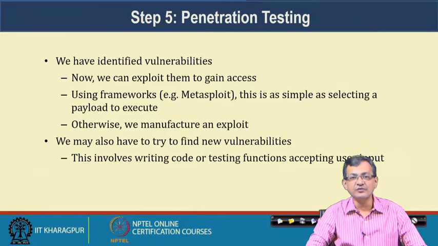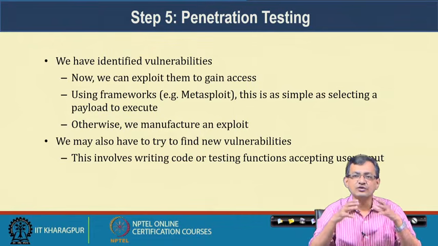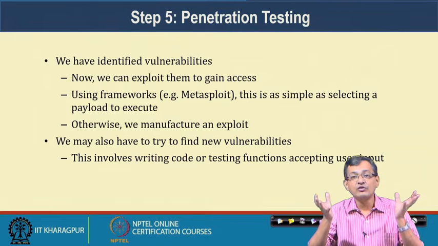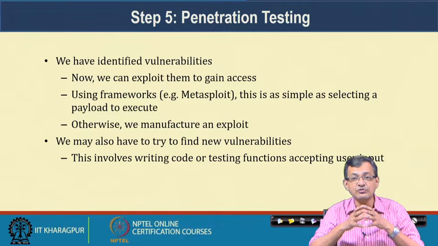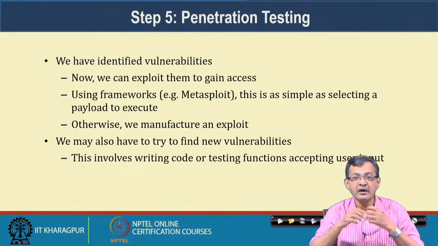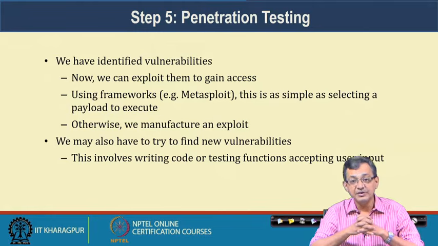We may also try to find out new vulnerabilities. This involves writing code, testing functions, etc. This is a separate activity of the security group of an organization to look at the different well known vulnerabilities, do a self exploitation or ethical hacking of my network, find out what possible attacks are possible on the systems, and then try to recommend or find out what mechanisms will help in detecting and preventing those, right.